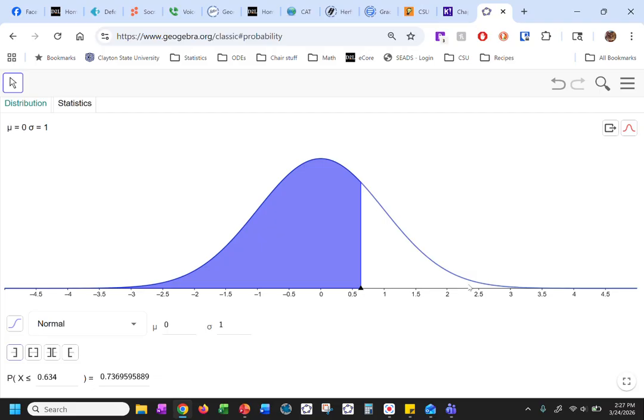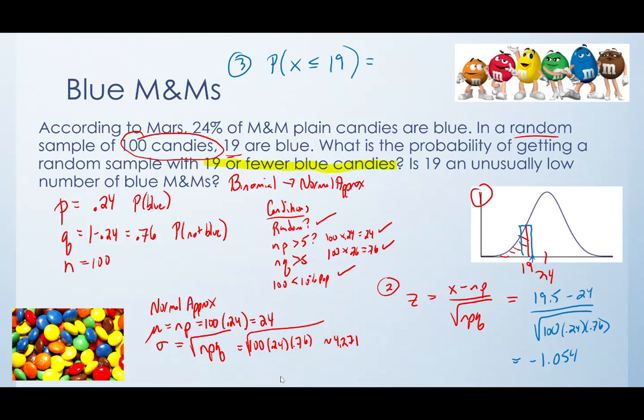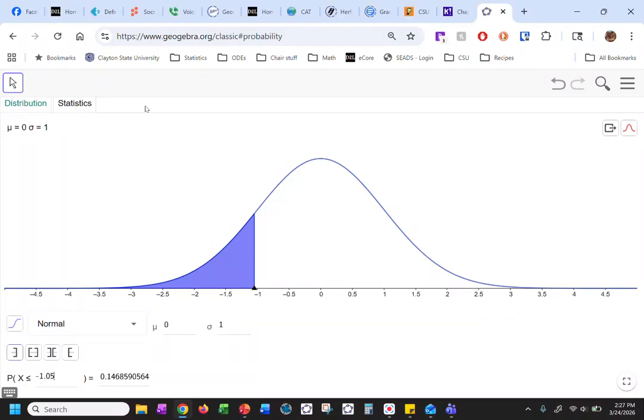We want left-sided, and our z-score was negative 1.054. Okay. So our probability of getting 19 or fewer, 0.1459.